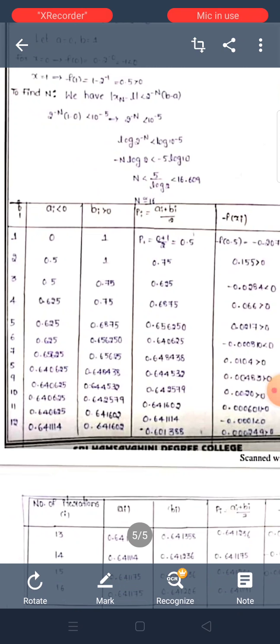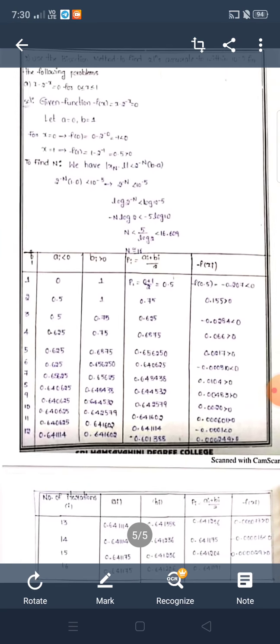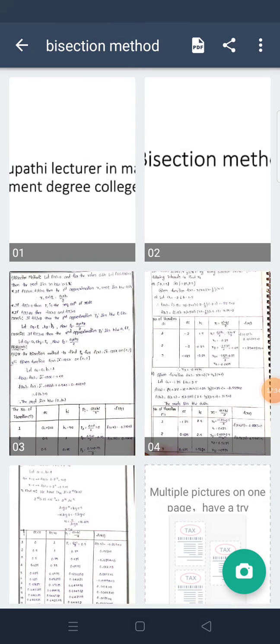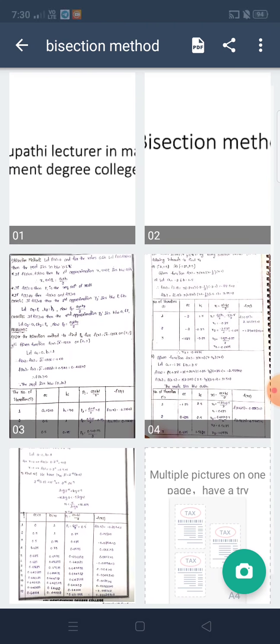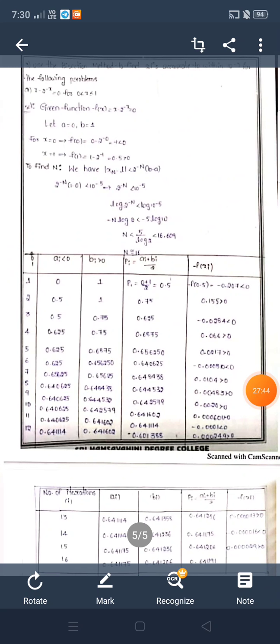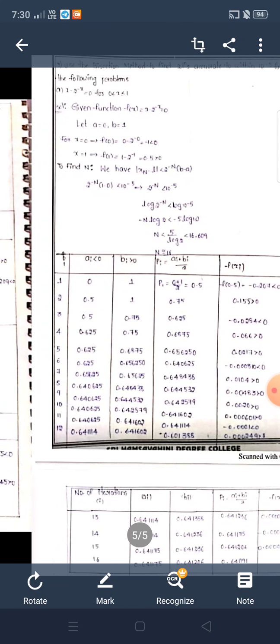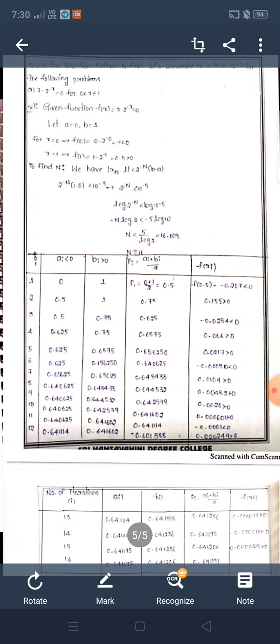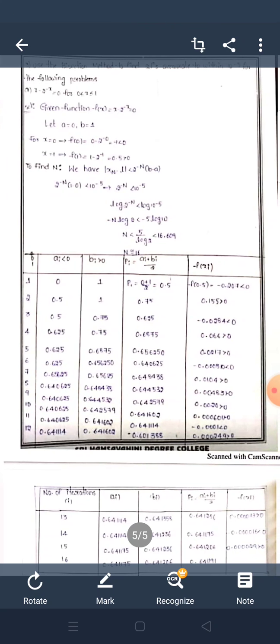Put i equals to 14. a14 is equal to 0.641114 and b14 equals to 0.641236. p14 is equal to (a14 plus b14) by 2 is equal to 0.641175, f is equal to minus 0.00016 less than 0.